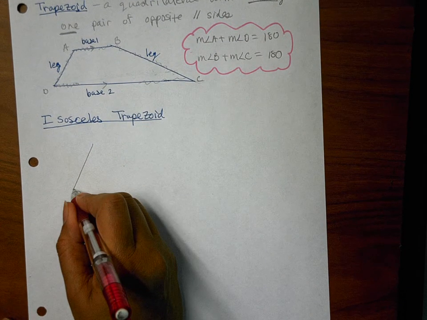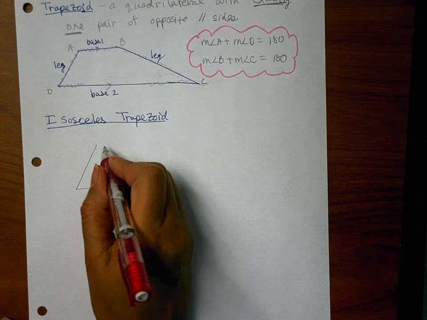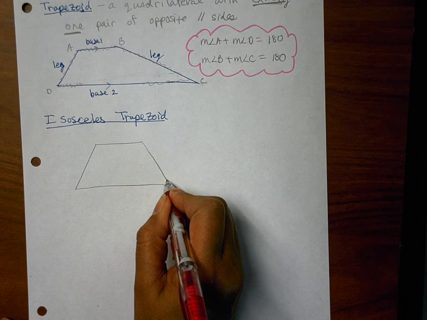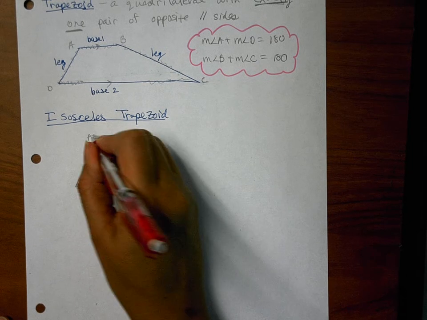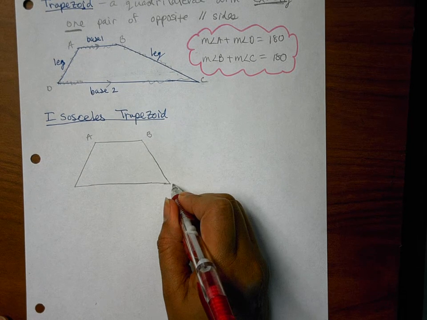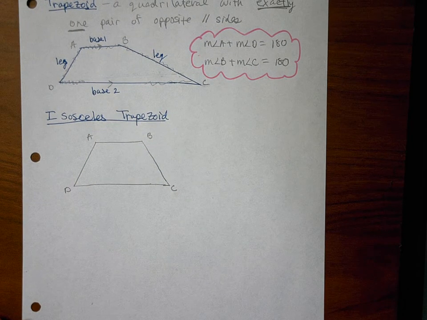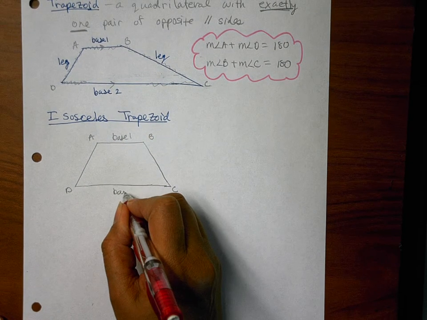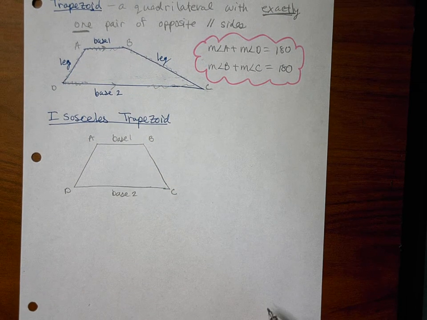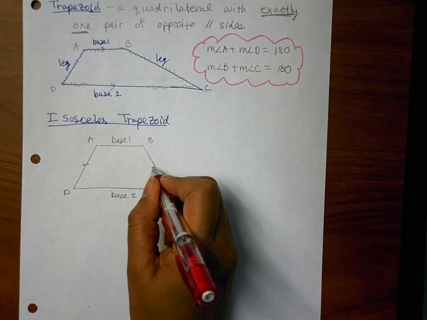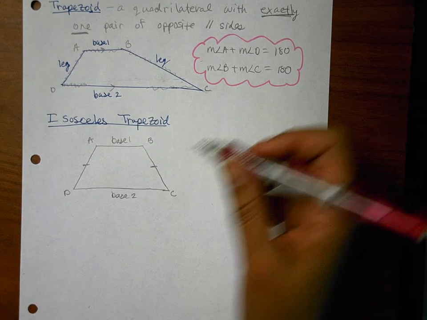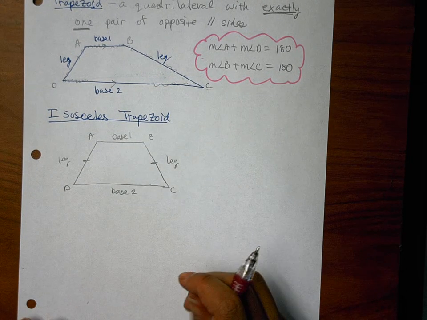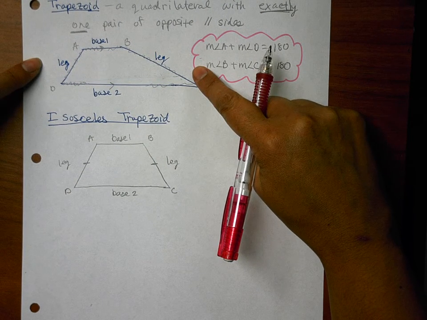But just like an isosceles triangle, it has congruent sides as well. Okay, so I'm going to call this again A, B, C, D. This is still base 1, and this is still base 2. And the added piece is that these two, the legs, are congruent.